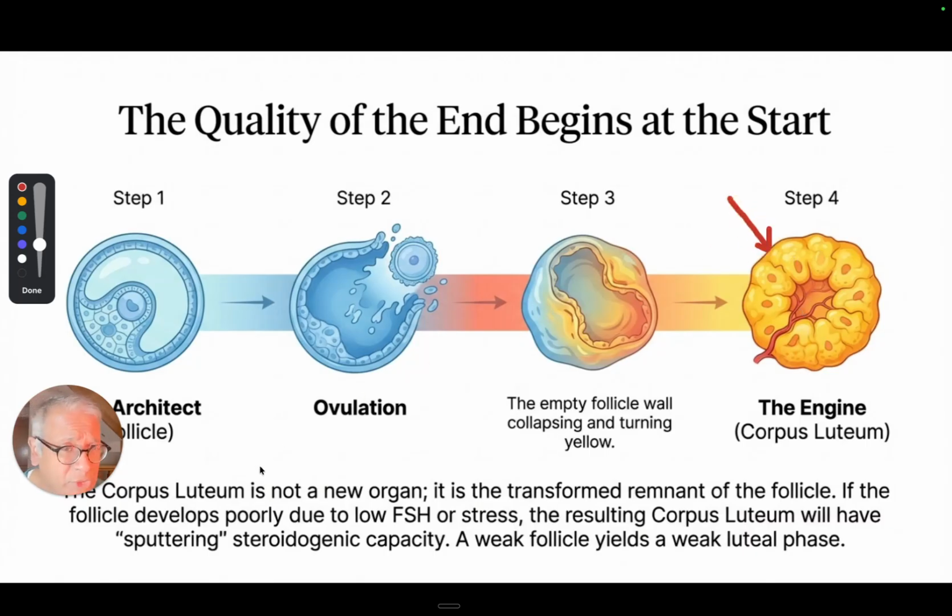The corpus luteum is not a new organ. It's not something that comes out of the blue. It's a transformed remnant of the follicle. If the follicle develops poorly due to low FSH stress, then the resulting corpus luteum that is formed is going to be weaker, and this corpus luteum is not going to let you produce adequate progesterone.